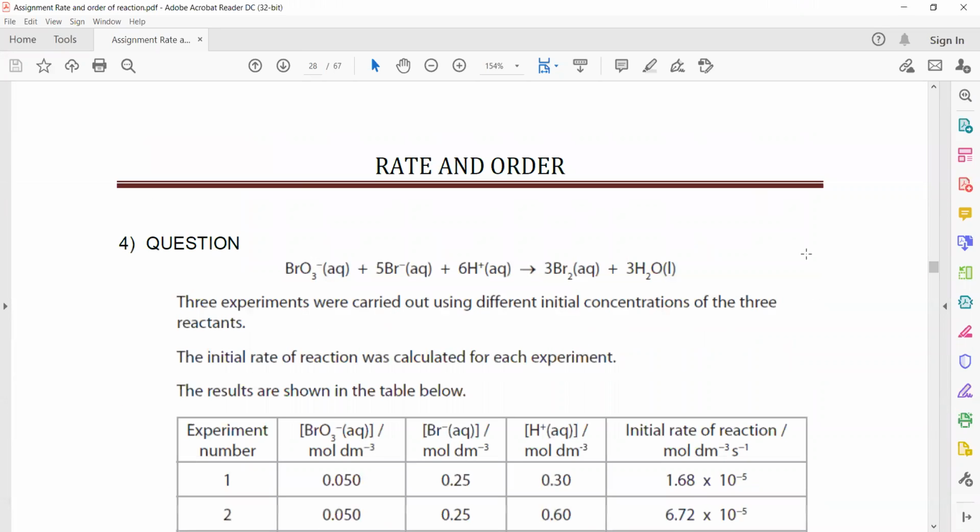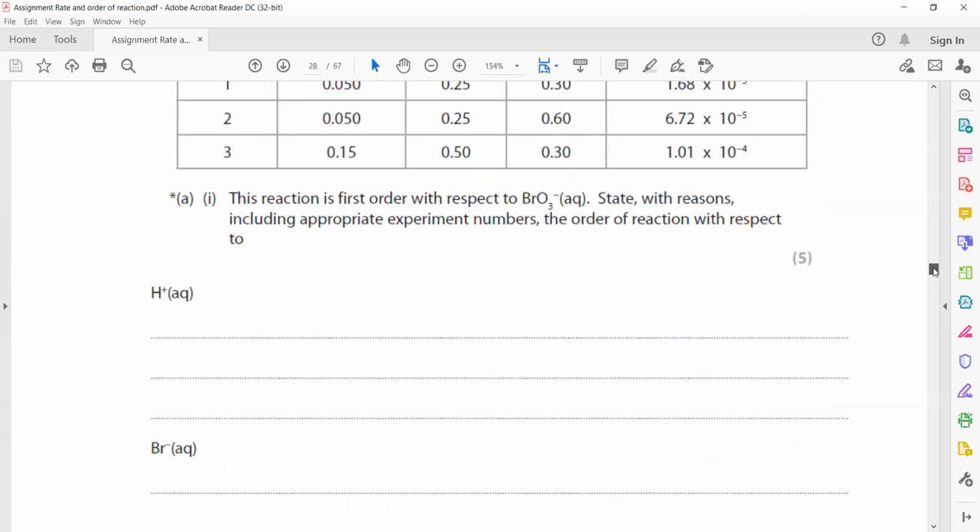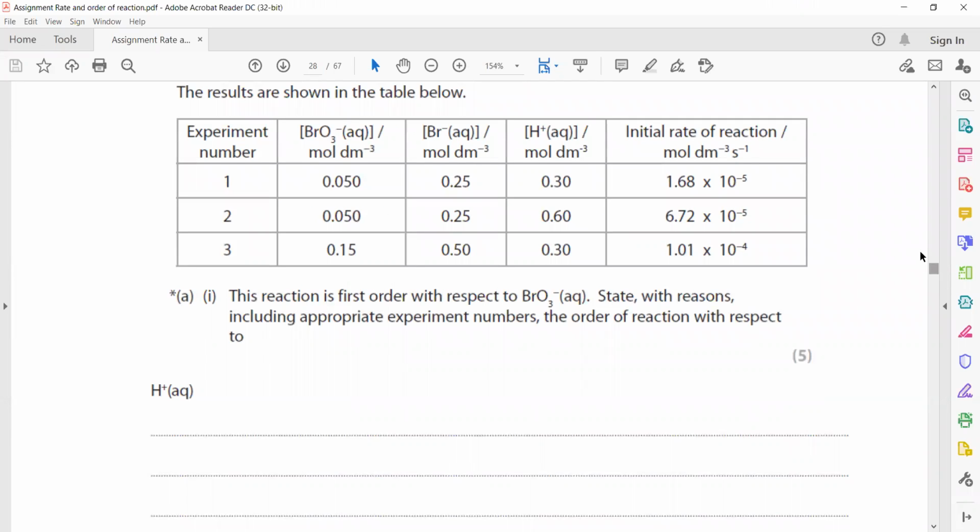And for bromide ion, how can we work it out? Compare experiment 1 with experiment 2. The concentration of hydrogen ion is double, the rate is 4 times, so it means it is second order. Now compare experiment 1 with experiment 3. But what happened? This BrO3 is also triple. So if this is triple, first the rate should be 3 times because of the change in concentration of BrO3.